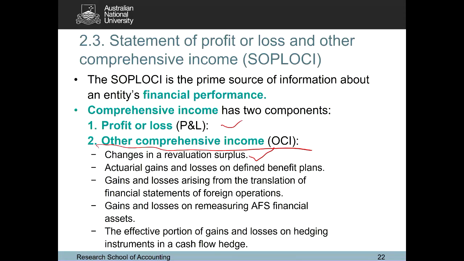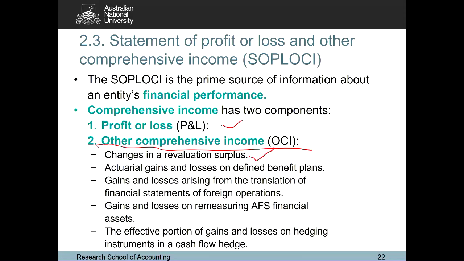So that would be part of the other comprehensive income, which is not coming from the normal operating business. It might be coming from some revaluation, impairment, exchange rate changes, or remeasuring of some financial assets, or hedging instruments.